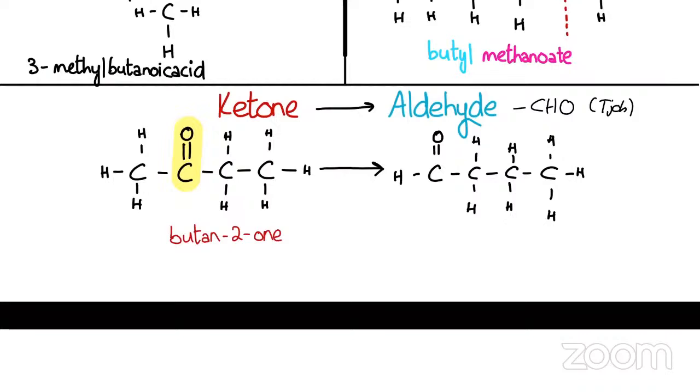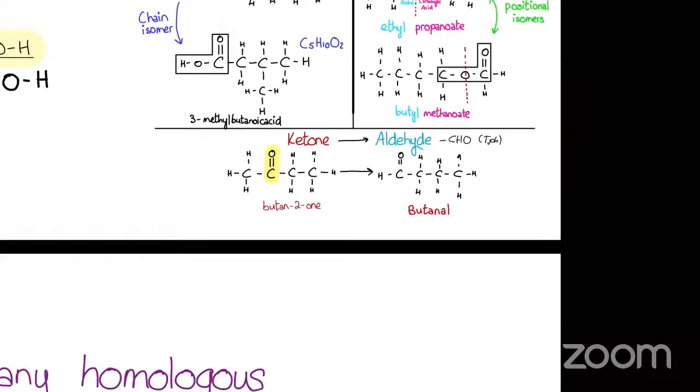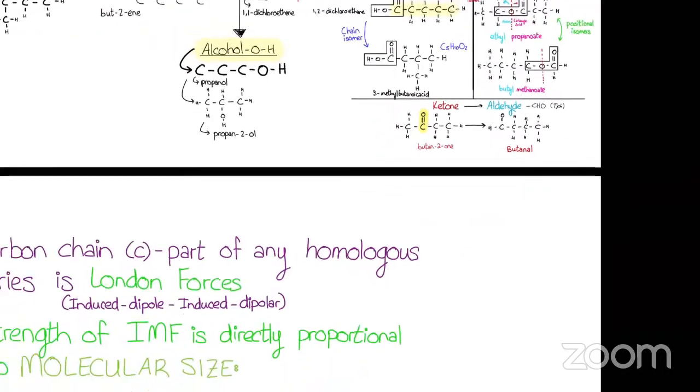So when you move the middle double bonded O to C to the end, it becomes an aldehyde. It is butanal, that is correct. An aldehyde with 4 carbons.